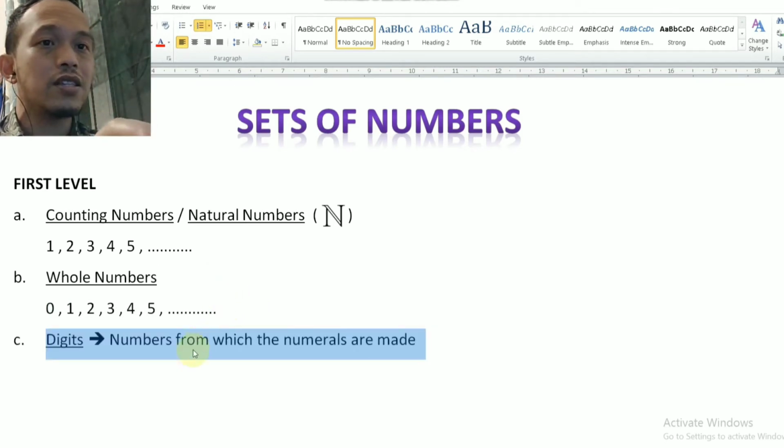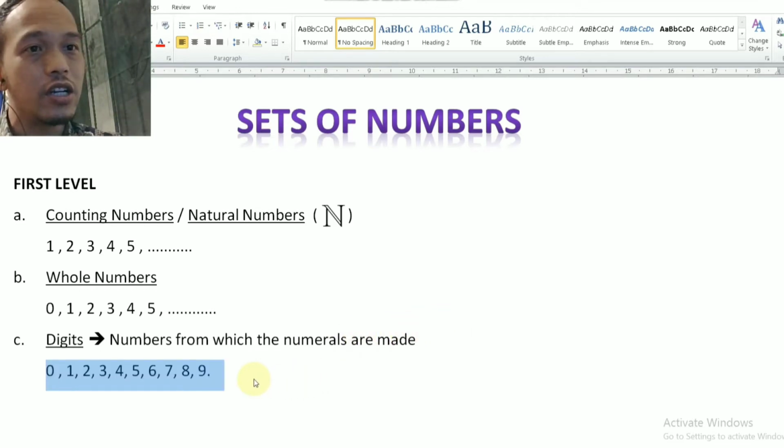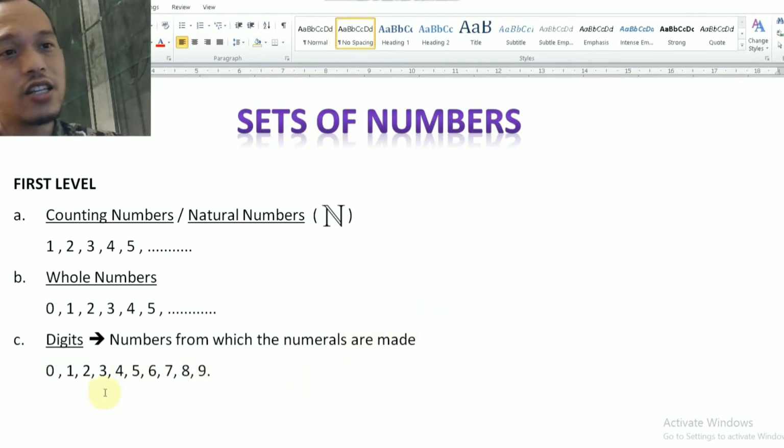The next one is digits. Digits, by definition, are numbers from which numerals are made. It means that the set of digits only consists of 10 numbers, which are 0, 1, 2, 3, 4, 5, 6, 7, 8, and 9. That's all.